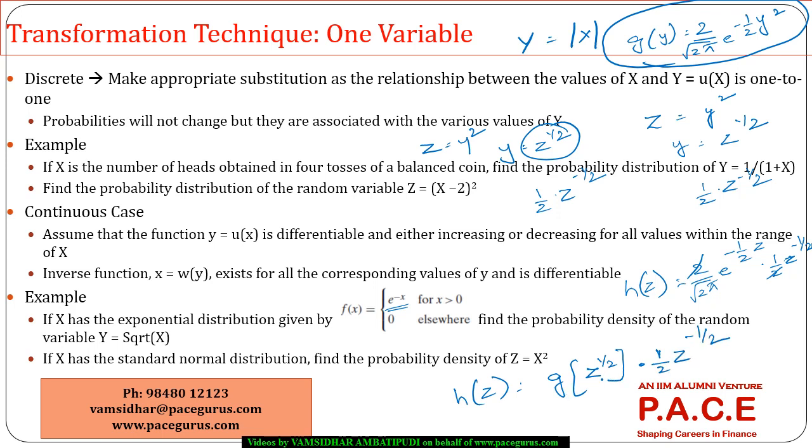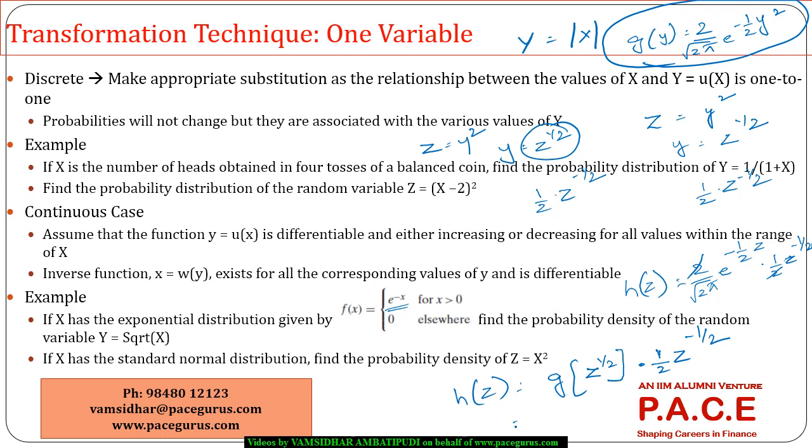So g of z to the power of half is nothing but 2 by root 2 pi e to the power of minus half y squared. So we already have e to the power of minus half y squared. So I can very well take it as z: instead of y squared I could take z to the power of half, so z to the power of half squared becomes z.